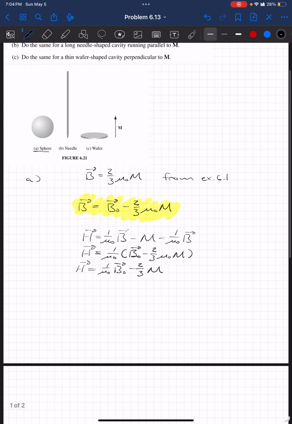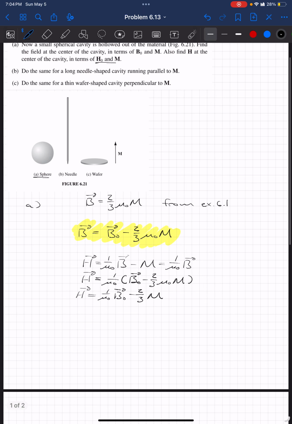So, to do this, we're going to substitute the value for B naught into the equation. From our given, H naught is equal to 1 over mu naught times B naught minus M.